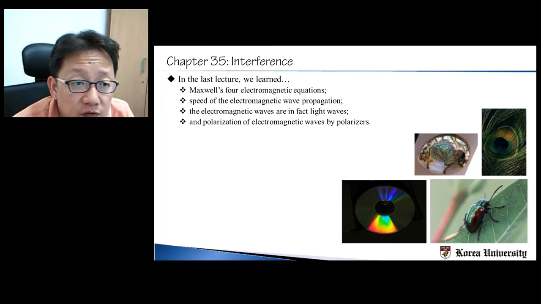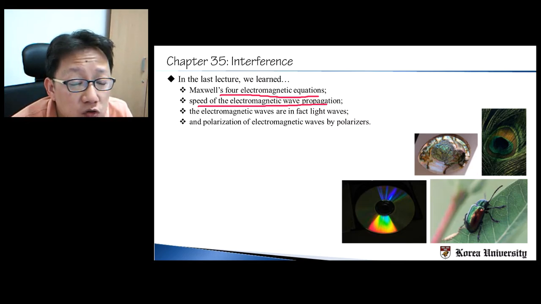Okay, let's make a review first. In the last week we studied 2 chapters, and from there we learned Maxwell's 4 electromagnetic equations, and we also learned the speed of the electromagnetic wave propagation. It was actually a constant, equal to 1 divided by the square root of the product of the permeability constant and the permittivity constant, right?